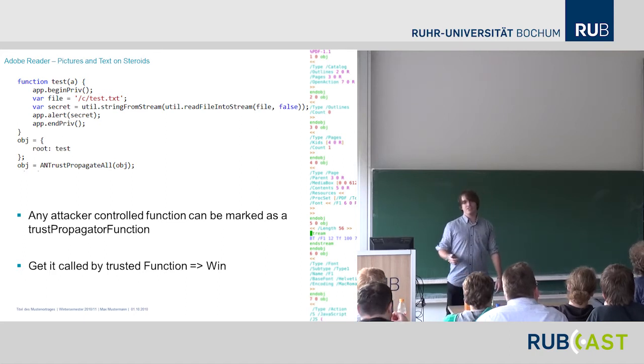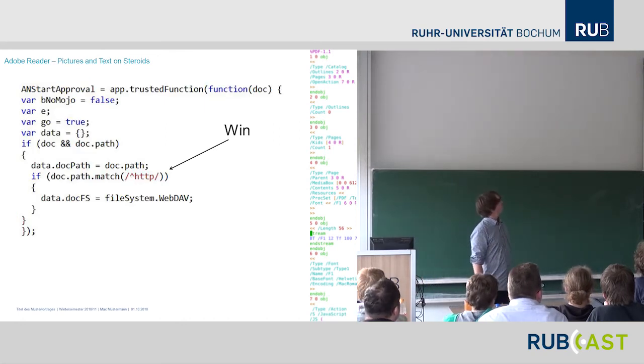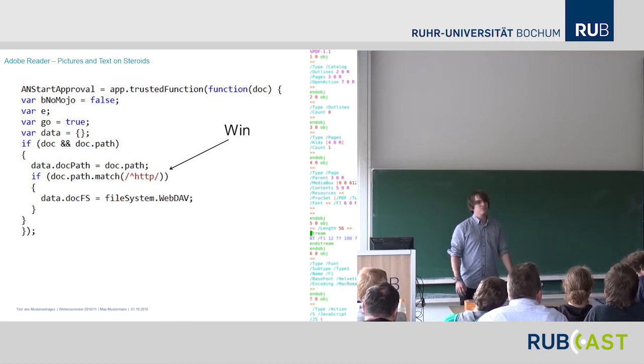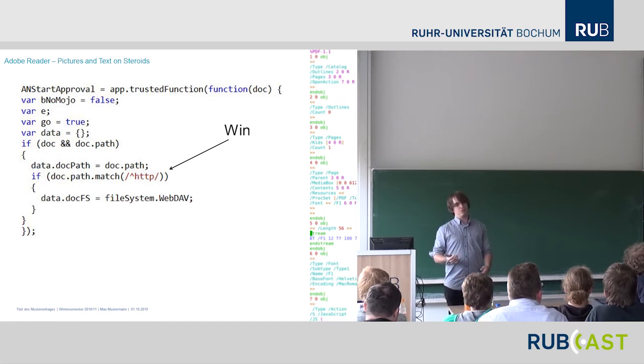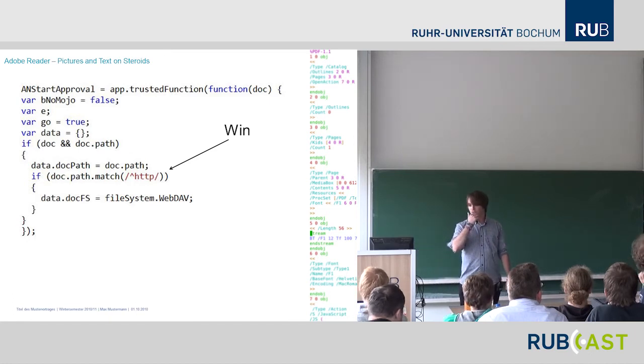But that's actually not really difficult in JavaScript, because as an example, there is app.launchURL approval. You have a function which has, again, one parameter, which is only checking if doc exists or if I have passed anything, and if doc.path exists.